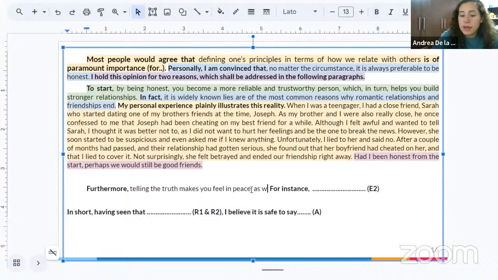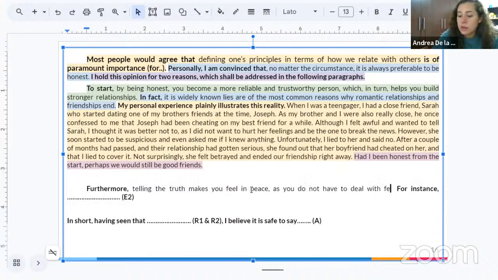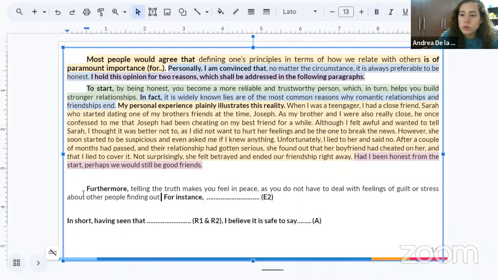Maybe we could say, as you do not have to deal with feelings of guilt or stress about other people or about the truth coming out.